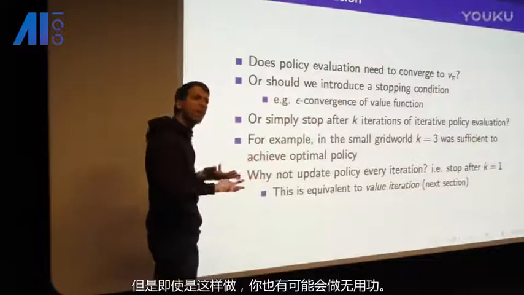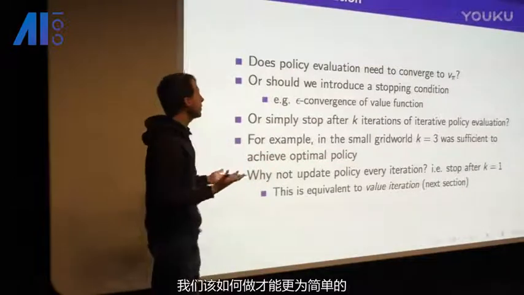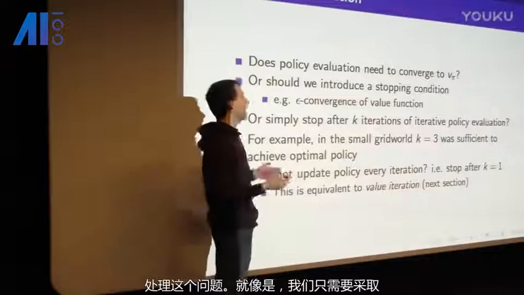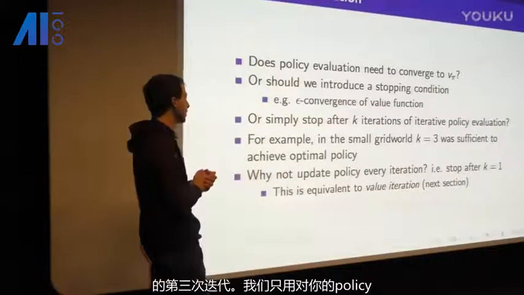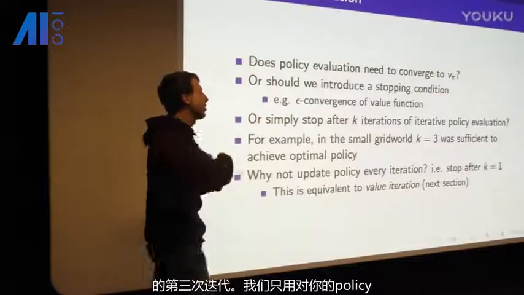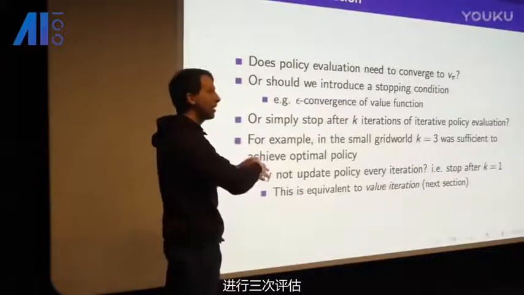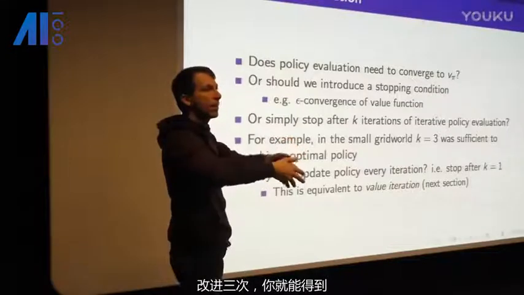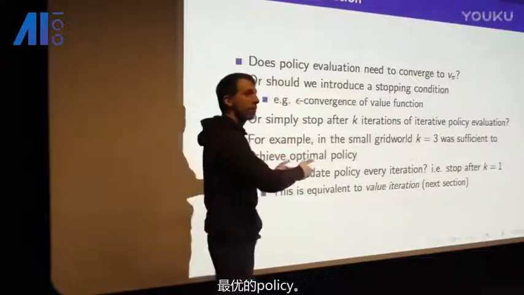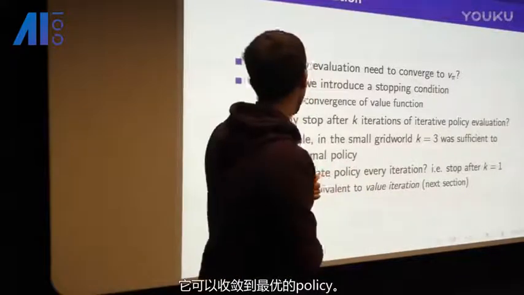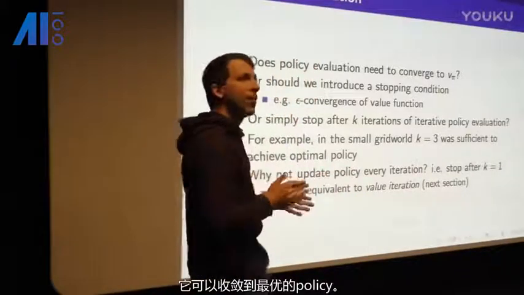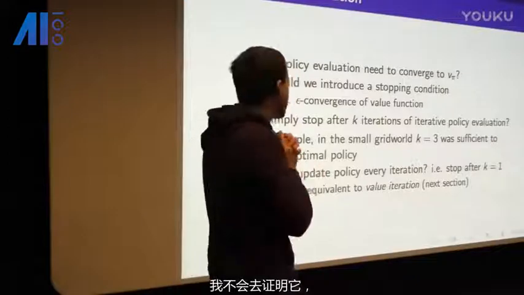But even that would probably be wasting effort. So what happens if we do something more naive, like take k iterations of iterative policy evaluation, like 3 in the small grid world, and just do 3 steps of evaluating the policy and then improve? This is a perfectly reasonable algorithm, and it still converges to the optimal policy.